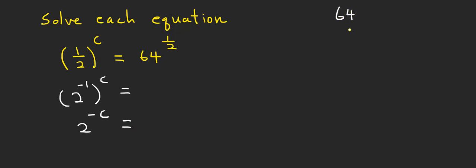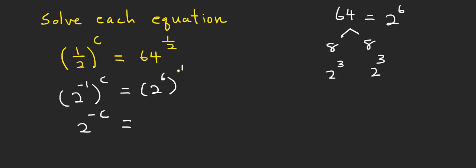64 is 8 times 8, and you know that 8 is 2 to the third. So basically 64 is the same thing as 2 to the 6th power. So this will be 2 to the 6th power to the 1/2. Multiply 6 and 1 over 2, you get 3.